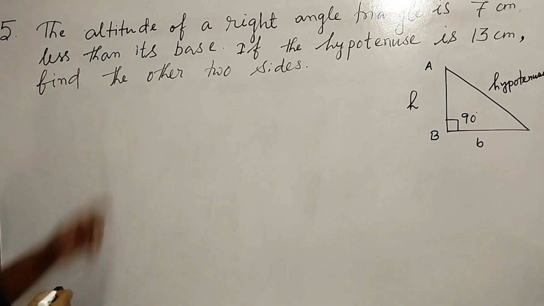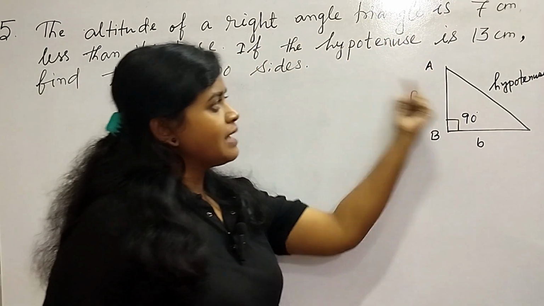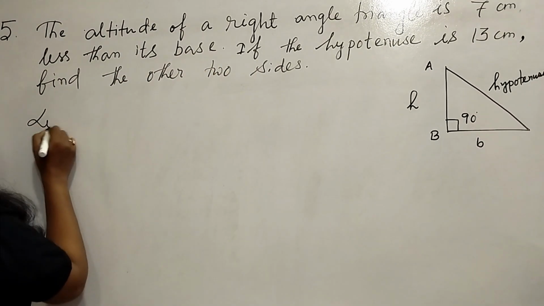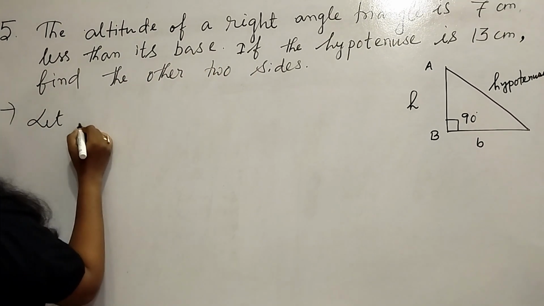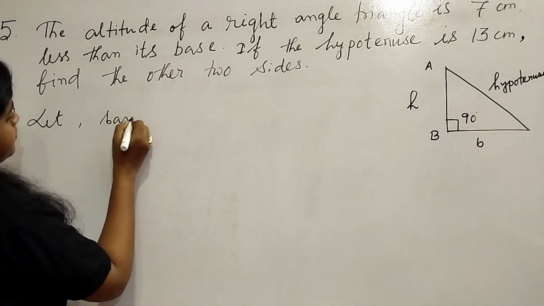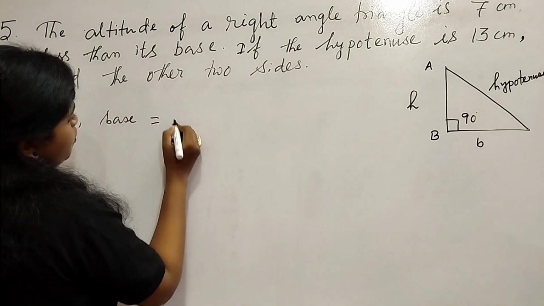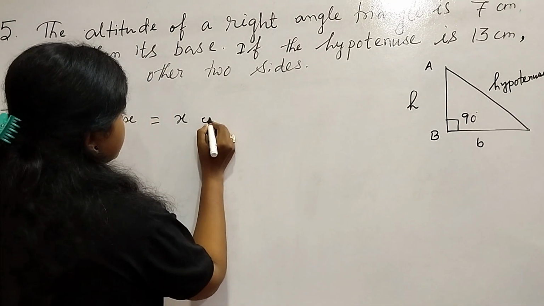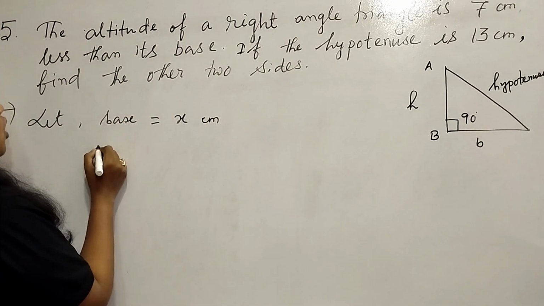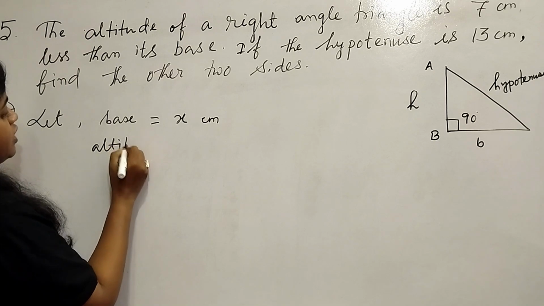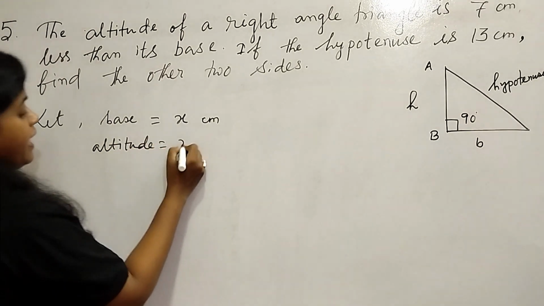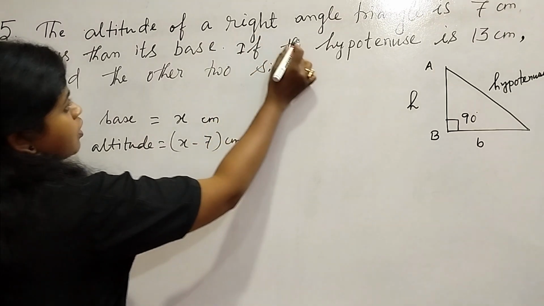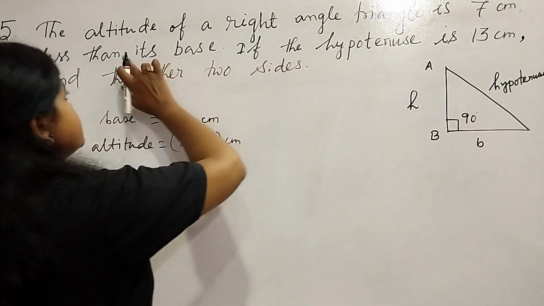So here the altitude of the right angle triangle is 7 cm less than its base. So let the base equal x centimeter, then the altitude should be x minus 7 centimeter, because the altitude is 7 centimeter less than its base.